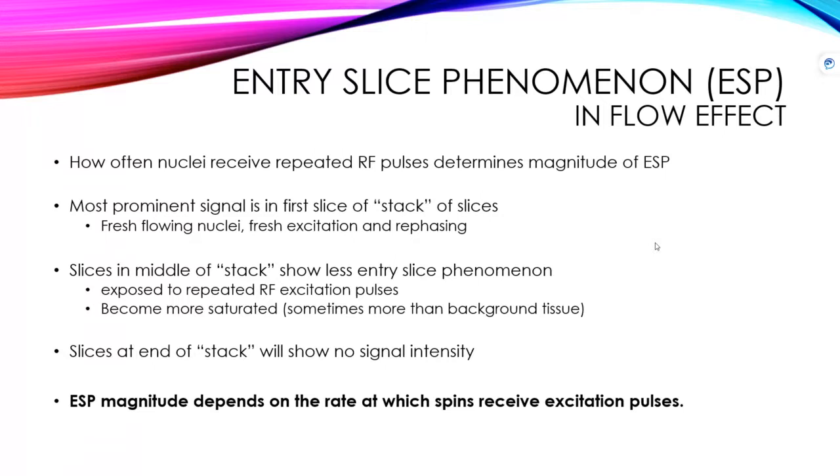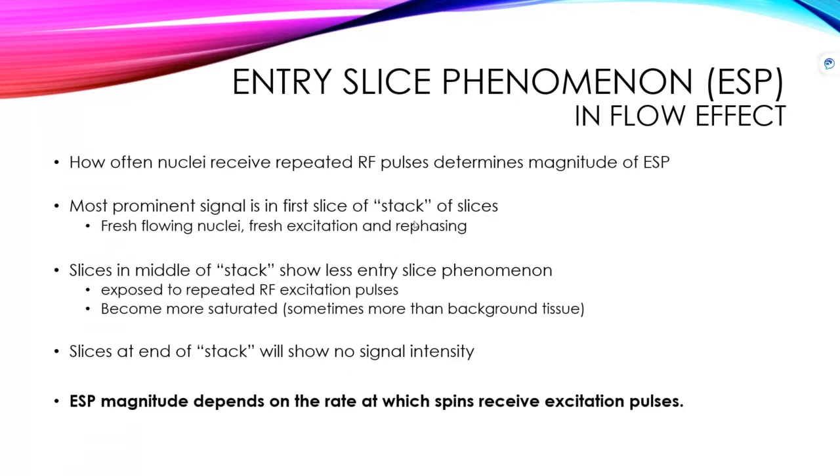Where are the spins compared to the first slice in your stack of slices? Now, this has to do with, first of all, the direction of flow of those particular vessels and which order you're taking your slices. Are you running your slices top to bottom or bottom to top? And which direction are your spins running in, top to bottom or bottom to top?